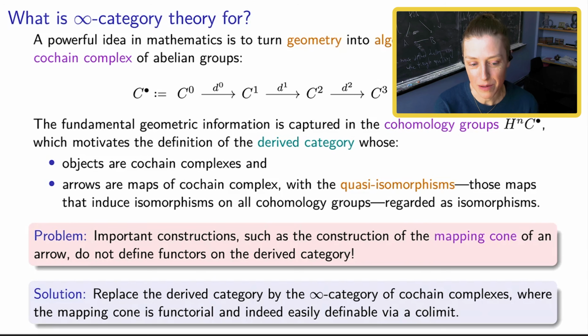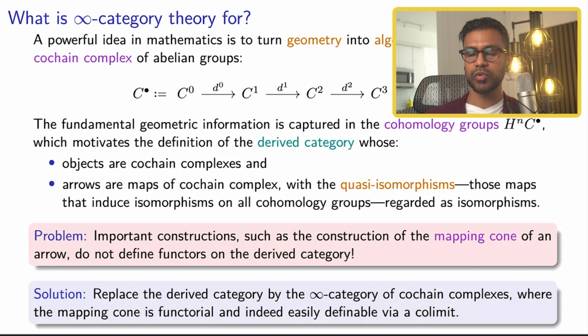And in this setting, this mapping cone construction definitely is functorial, and in fact, it's very easy to describe using a colimit, something like this coproduct that we were discussing previously, though it's a push-out, it's not a coproduct. There's a lot here that I've described only impressionistically, but this is the simplest example I know of a concrete problem with 1-categorical structure that's resolved by passing to the infinity categorical structure.